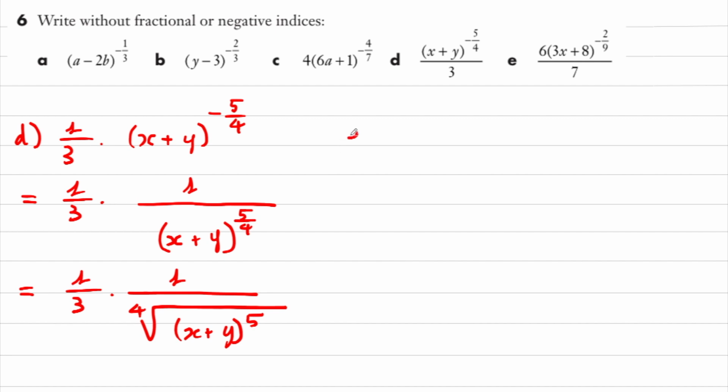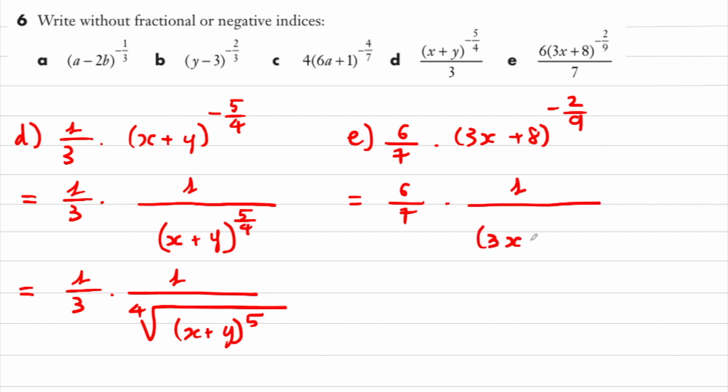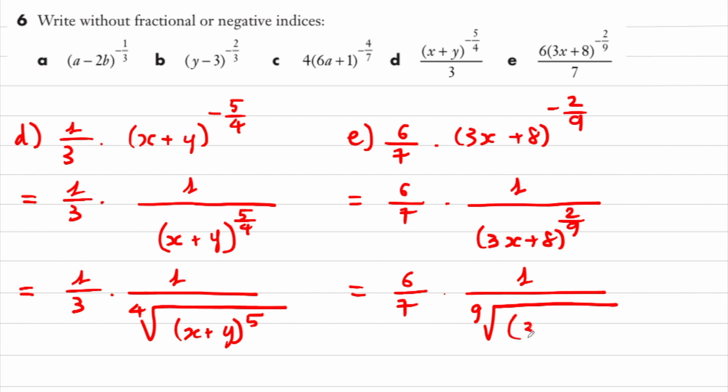Question E, you've got 6 over 7 times (3x plus 8) to the power of negative 2 over 9. So 6 over 7, 1 over (3x plus 8), not negative anymore, 2 over 9. 6 over 7 is a constant number, so I just repeat that. And now the 9 in the denominator of the power means the ninth root, and inside the bracket you take the square outside this bracket. So here is the way I write down my working out and the final answer.